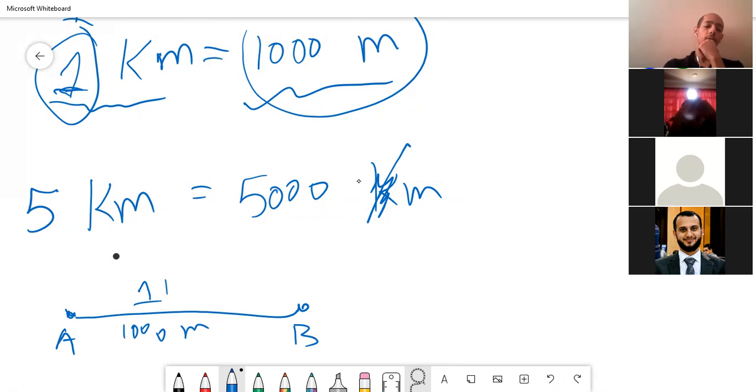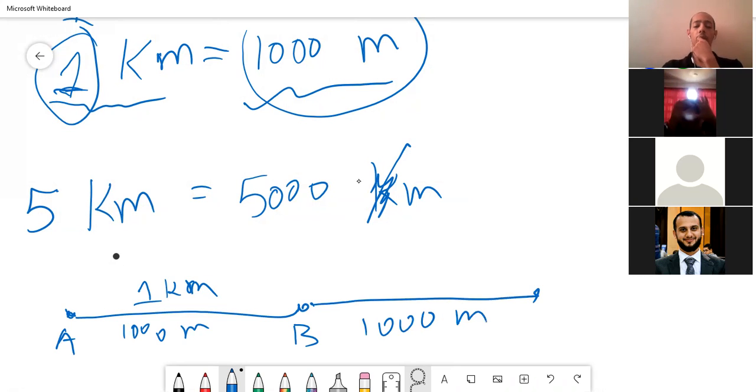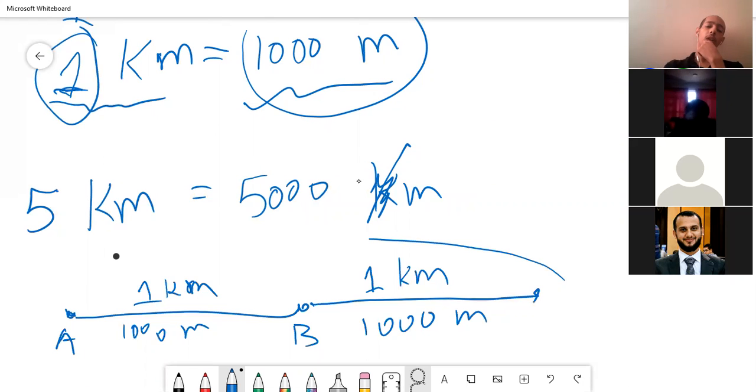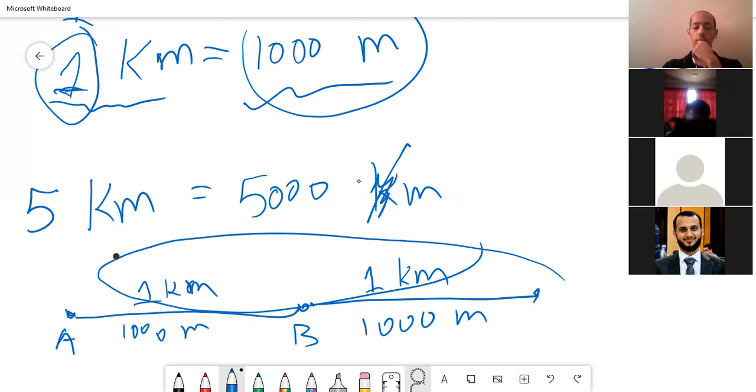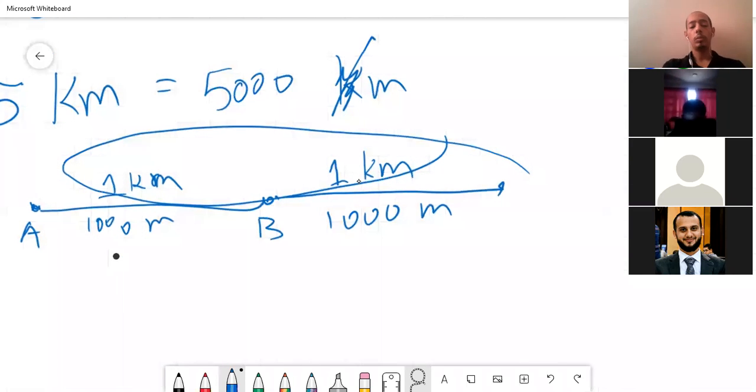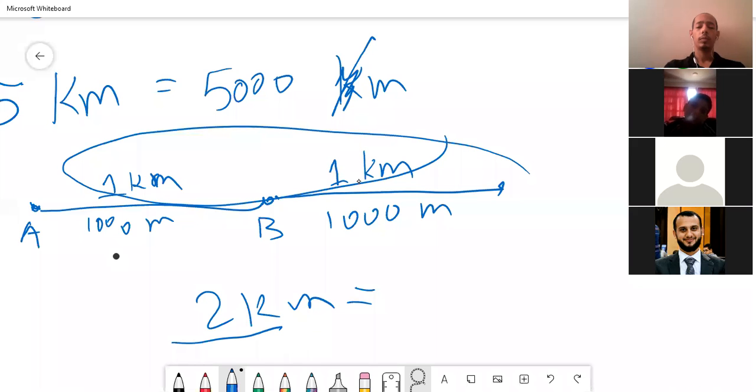If you walk another 1,000 meters, how many kilometers? Another 1 kilometer. So 2 kilometers equals how many meters? 2000 meters.